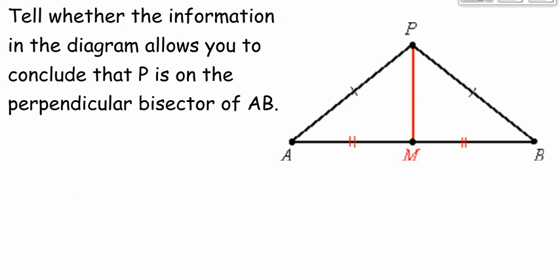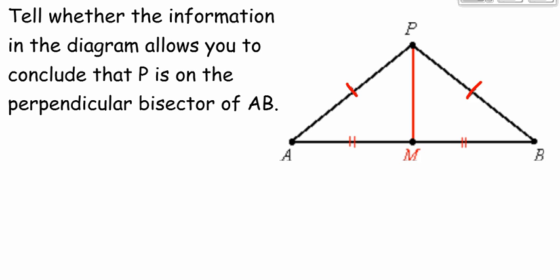All right, let's put it to use. We're going to try and figure out if we have enough information in the diagram to conclude that P is on the perpendicular bisector of AB. Well, if you look closely at the diagram, it's a little fuzzy, I know, but I can still see that this segment is congruent to this segment.